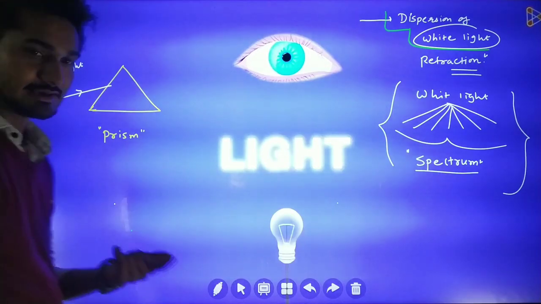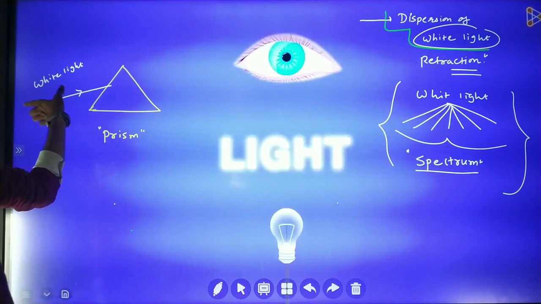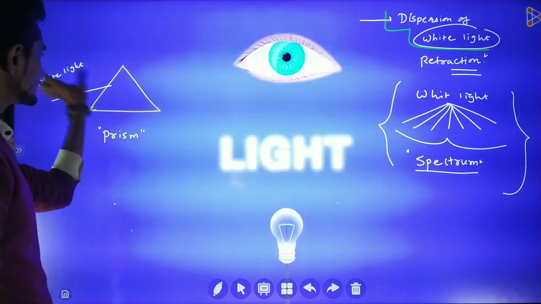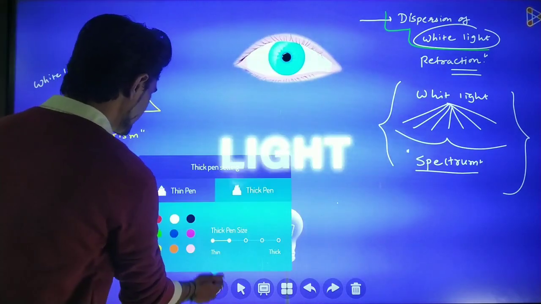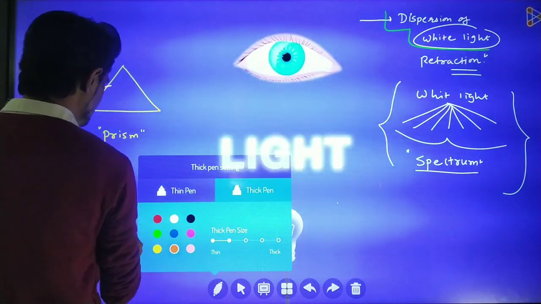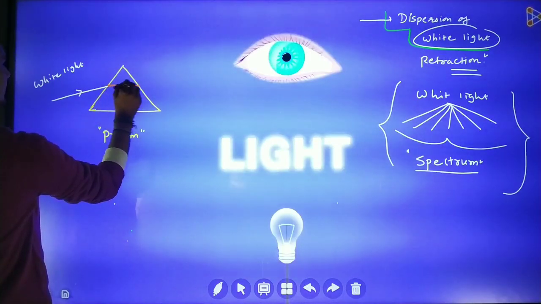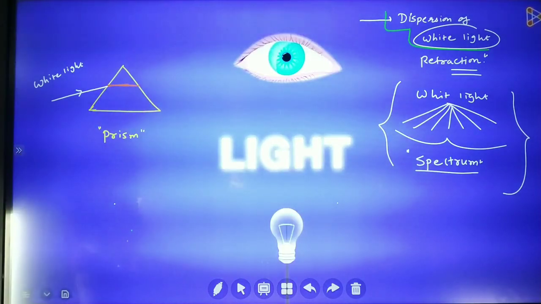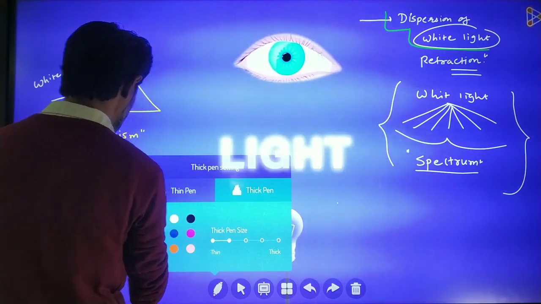We have understood that when a ray of light changes the medium, it will bend.